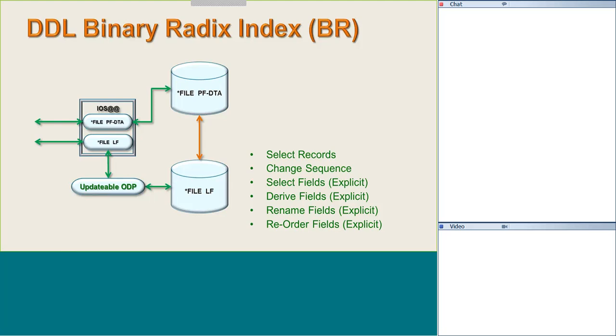Any change of an existing DDS view to a DDL BRI will cause a level ID change. And that means you're going to have to go and find all the programs that use this logical, and recompile them.